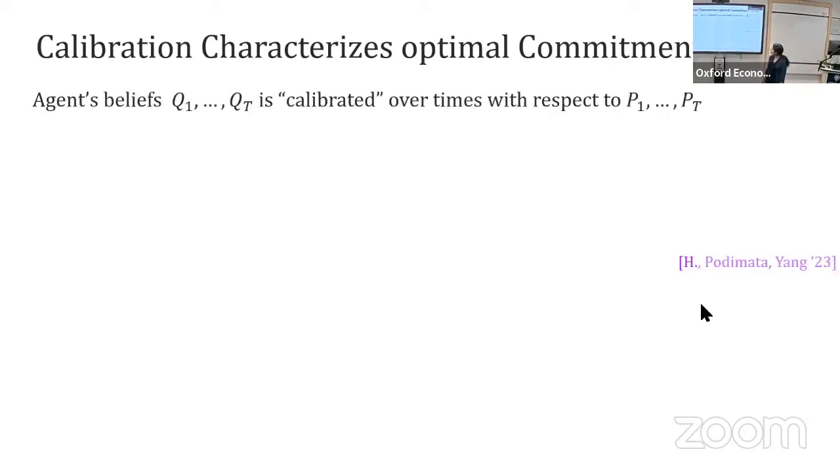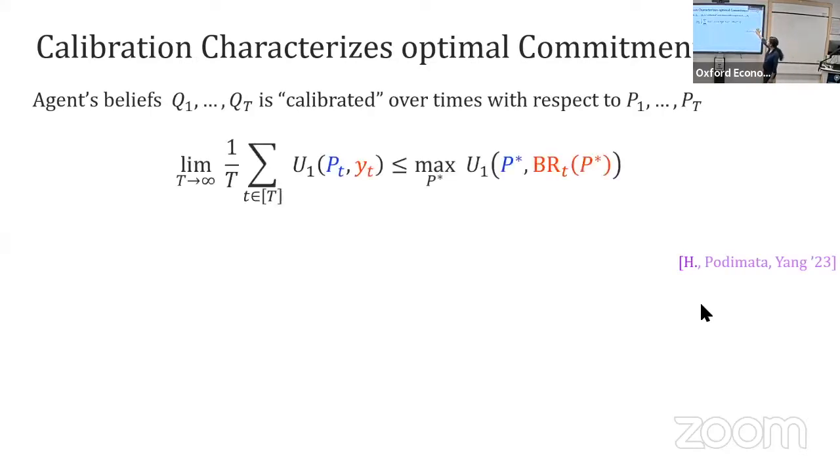What you can see is that the consistency of that belief, or the calibration of that belief, is the key characteristic. In fact, you can show that if the agent's beliefs were calibrated, the principal cannot get anything more than the optimal commitment. So in some sense, the principal cannot abuse a calibrated agent.